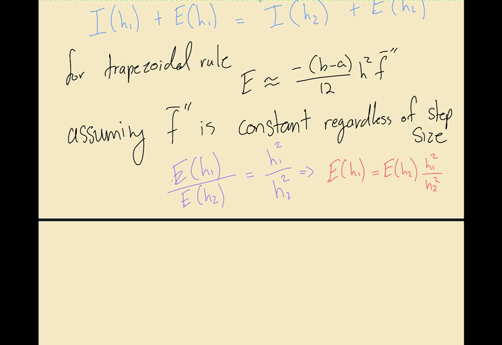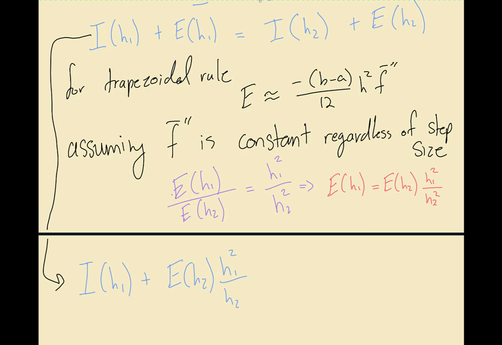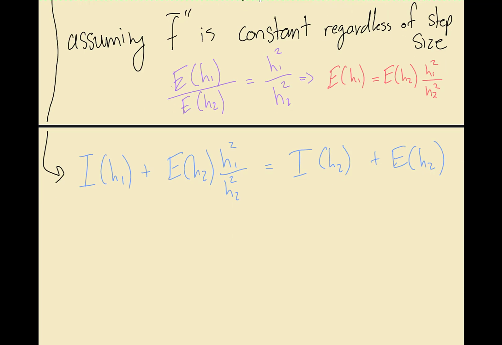We're basically taking this equation here and plugging in what E h1 is. So we have I h1 plus E h2 times h1 squared divided by h2 squared equals I h2 plus E h2. And now we're going to rearrange to solve for E h2.